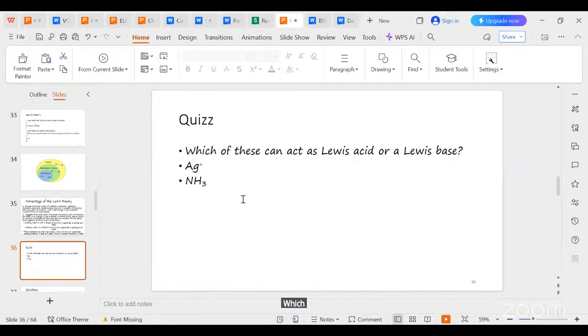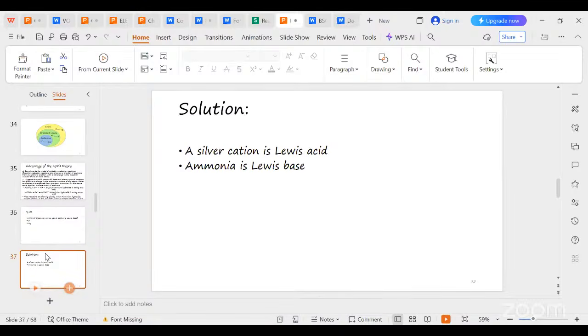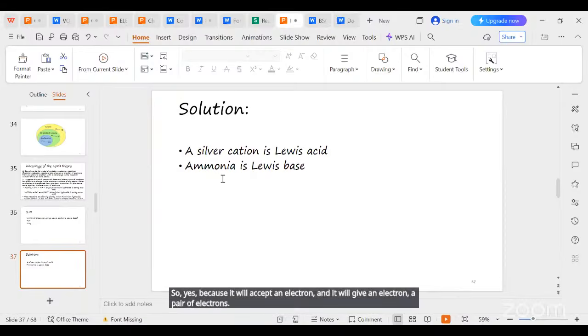Which of these can act as a Lewis acid or base? Of course, I've already used ammonia as an example. Yes, because it will accept an electron pair and it will give a pair of electrons. That's why it's a Lewis acid and that's why it's a Lewis base.